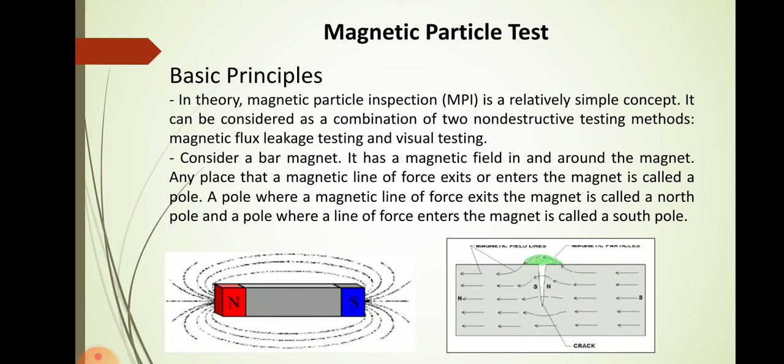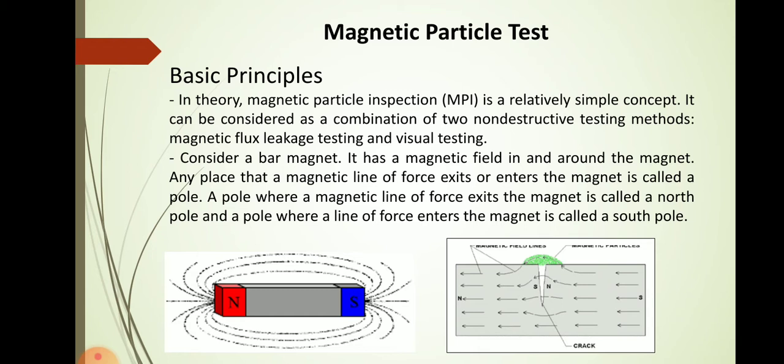So what is the basic principle of this magnetic particle test? Basically the magnetic flux leakage testing and visual testing are the two tests which are combined here in the magnetic particle test. The basic principle is similar to the magnetic flux leakage testing.